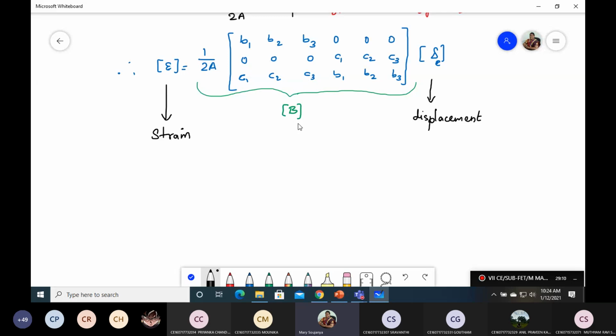So the B matrix is relating strain with the displacement. That is why this B matrix is called the strain displacement matrix.